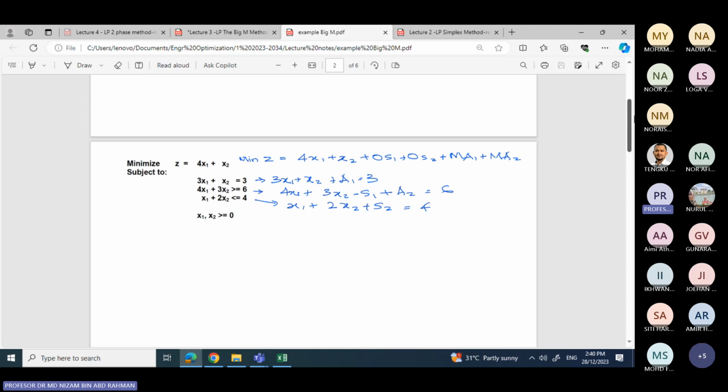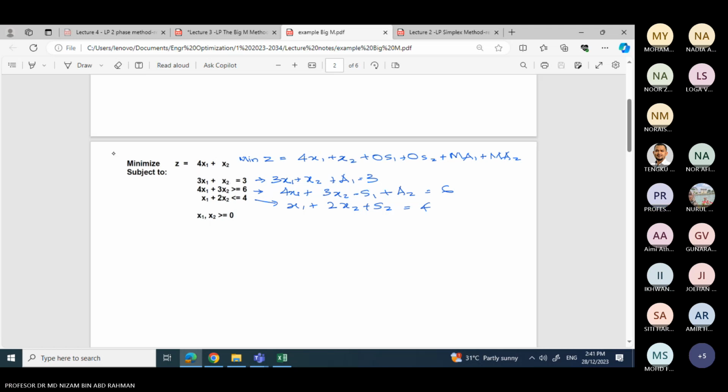Hopefully, I'll go through once, and then see whether you can pick up or not. So again, this is a problem. Can you see this? A new page. Boleh nampak? I just changed the file. Can you see this? Boleh nampak. Boleh.